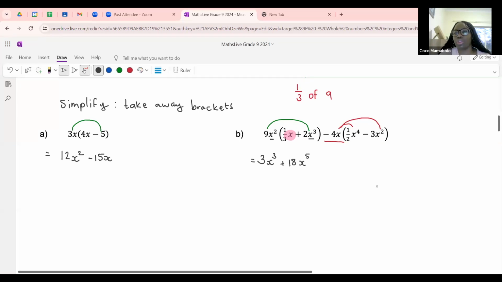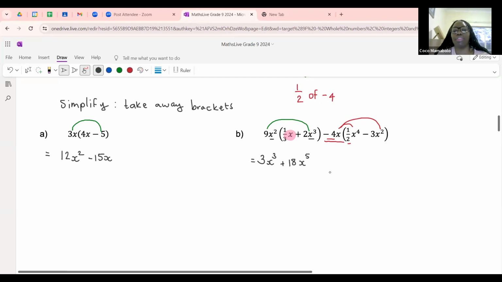All right, now let's go to this side. Again, guys, I've got negative 4 times a half. So what they're asking me for is a half. What is a half of negative 4? Who can tell me what is half of negative 4? Correct.